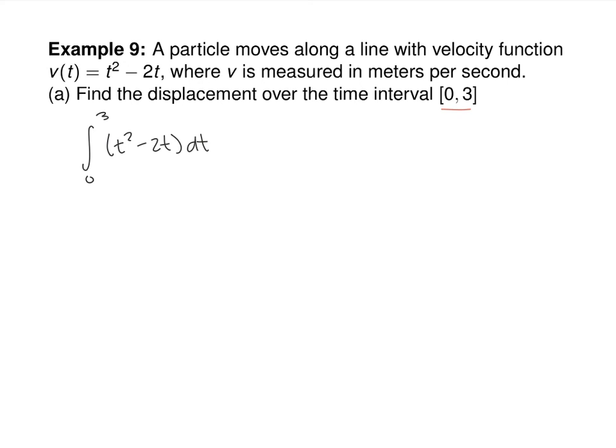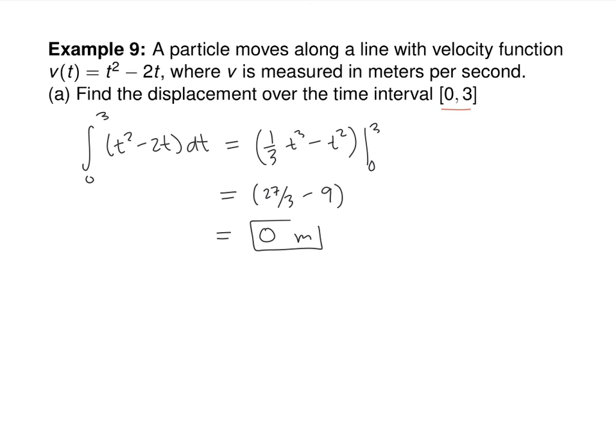That's not very hard to do, is it? No. So that's going to be 1/3 t cubed minus t squared from 0 to 3, or 27/3 minus 9, which holy moly happens to be 0. So 0 meters.